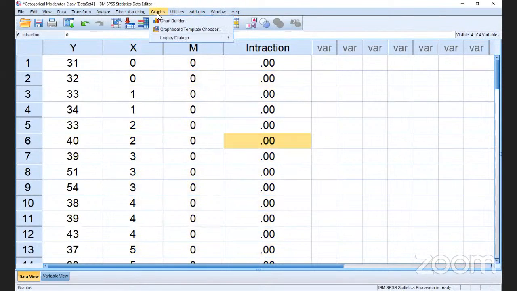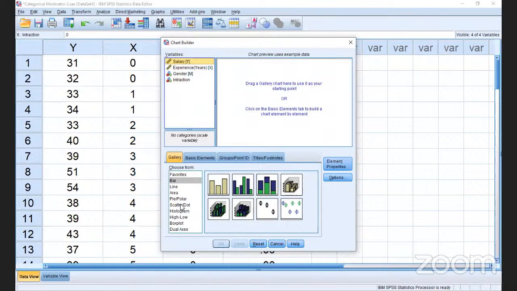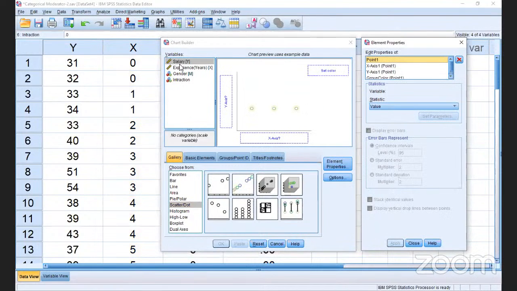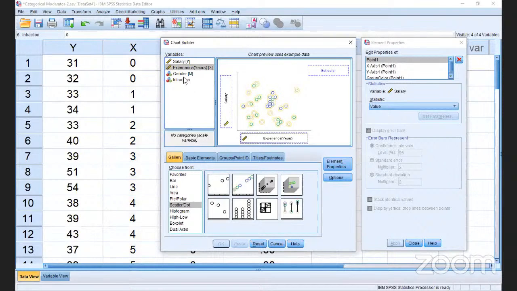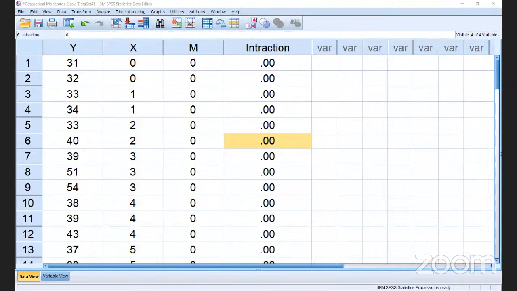So Graphs, Chart Builder, then Scatter diagram, salary, and then experience. I will show you the graph, then gender and cluster, and then okay. Now I am sharing the output.